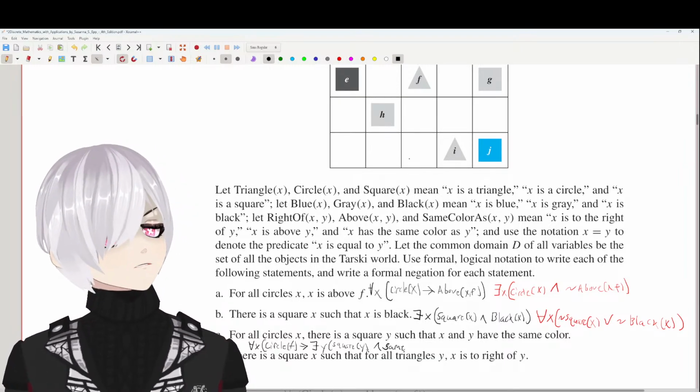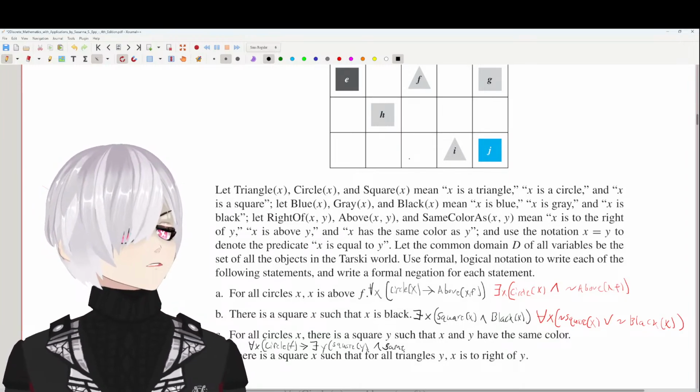So it says for all circles X, there exists a square such that X and Y have the same color.